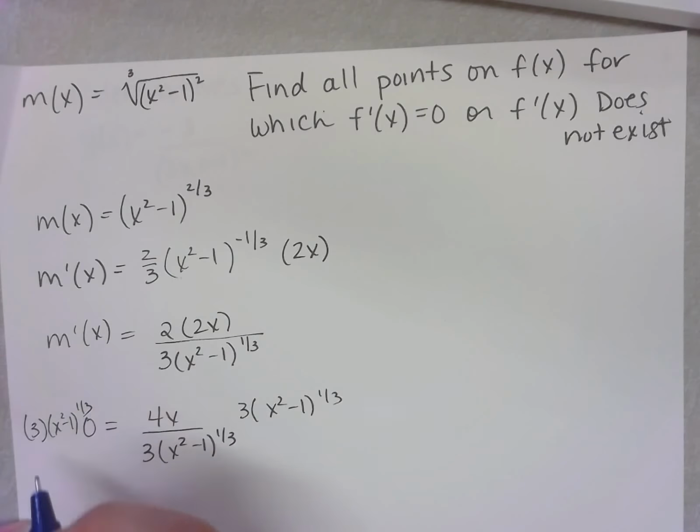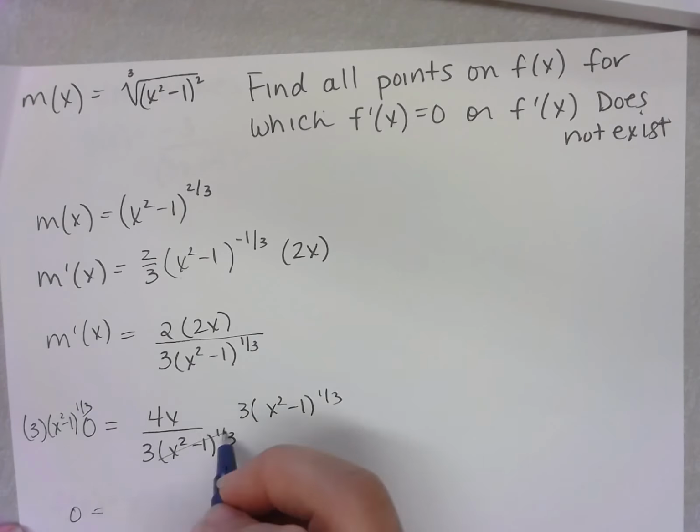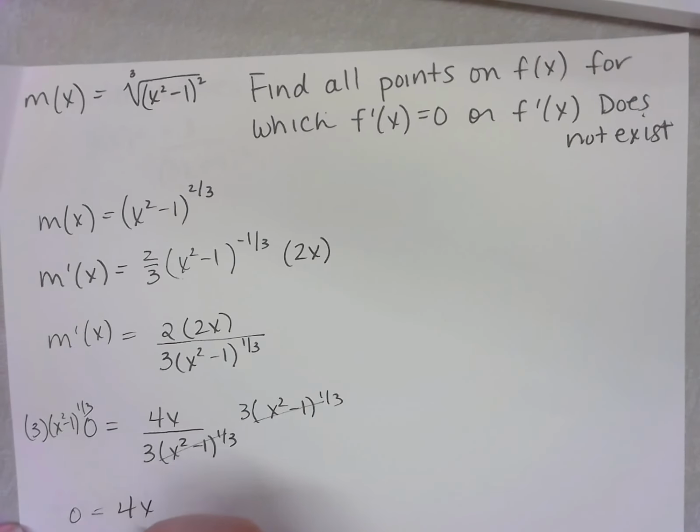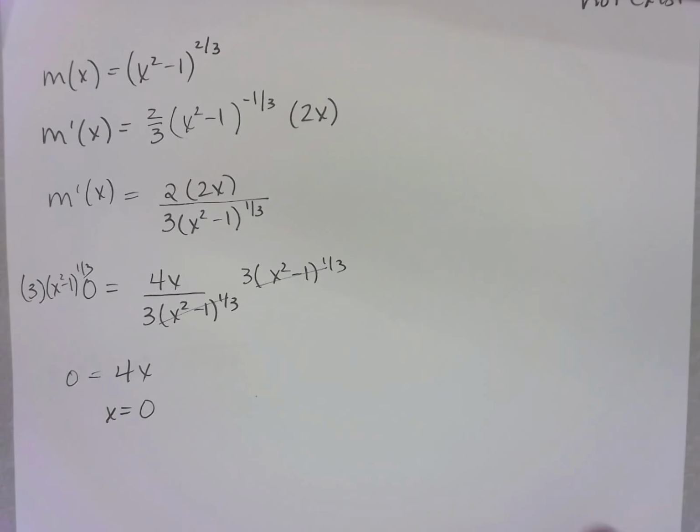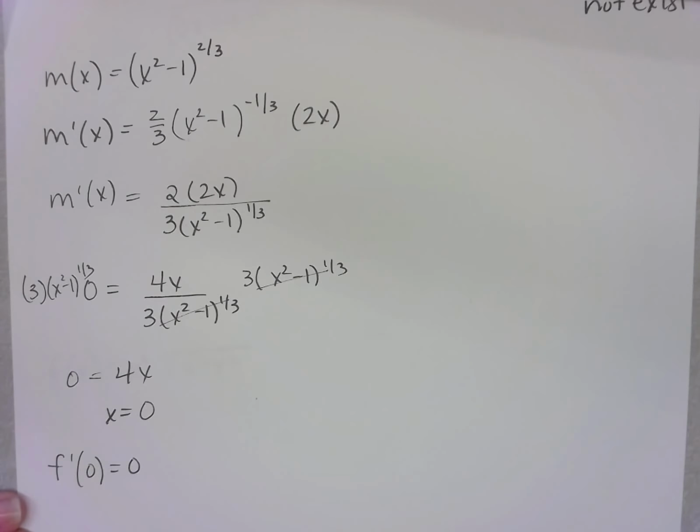This side becomes 0, this side becomes 4x. And I end up with x is equal to 0. All right, so that's my first part. So f prime of x is equal to 0, f prime of 0 is equal to 0. Okay, we'll find the point here in a minute.